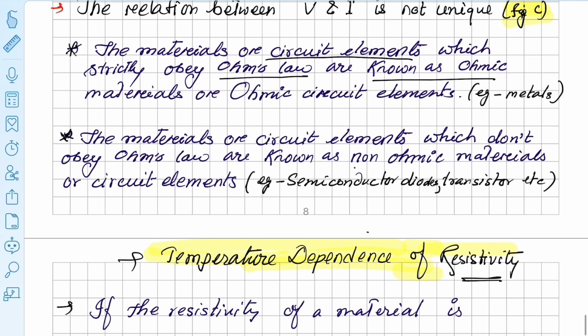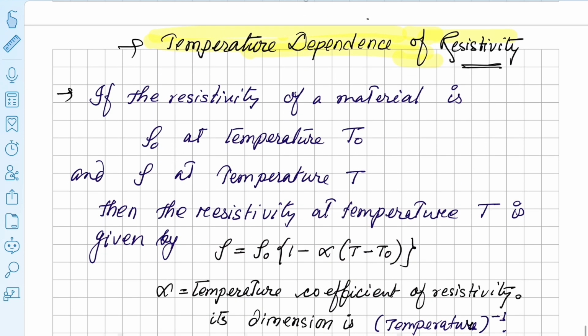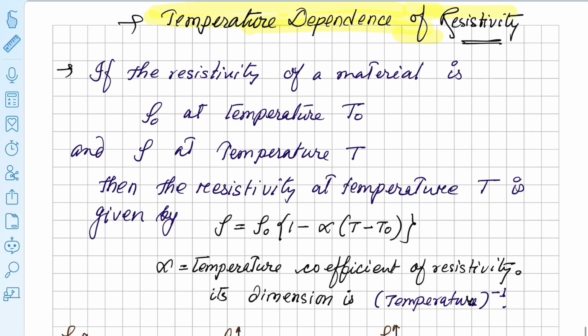Now let us discuss the temperature dependence of resistivity, for a particular material.